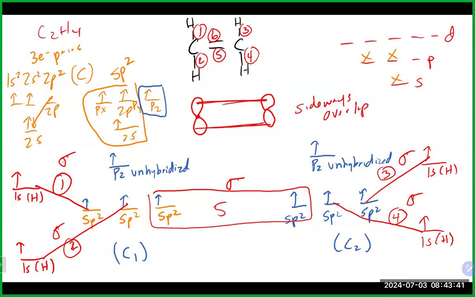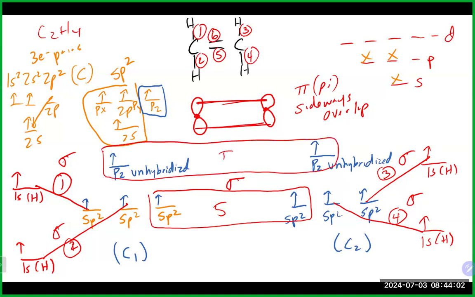Above and below the plane of the molecule, you're going to get some overlapping. When you get this sideways overlap, this is the type of bond known as a pi bond. So this is a pi bond. These two guys are going to do sideways overlap and make the pi bond. And that's going to be the second line, or the second bond, in your double bond.